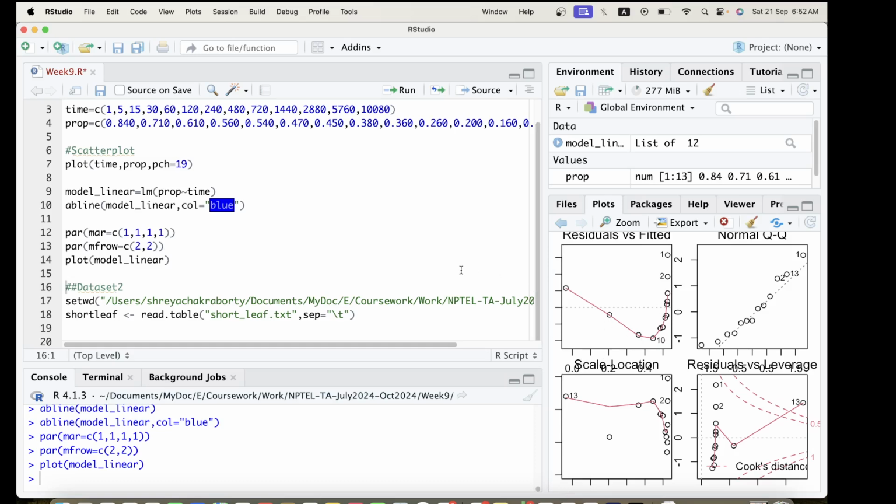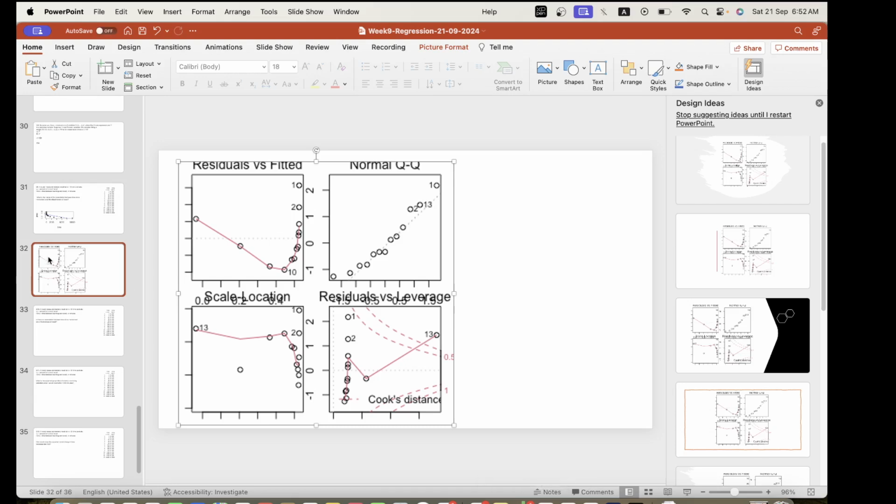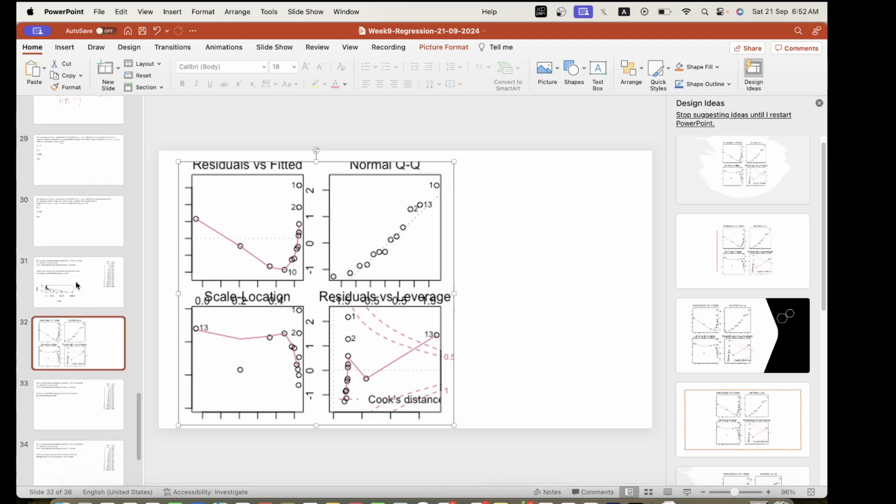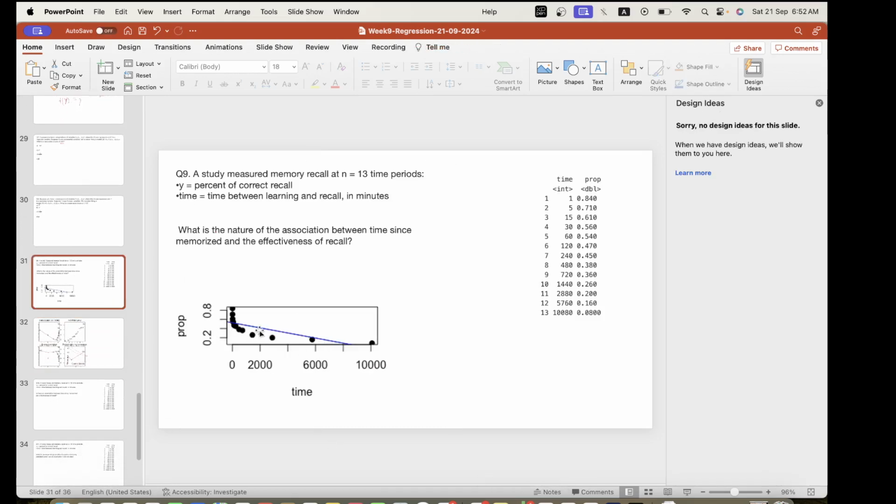From this plot that we have over here, you see that smaller values of time are clustered together and then distant values are apart.